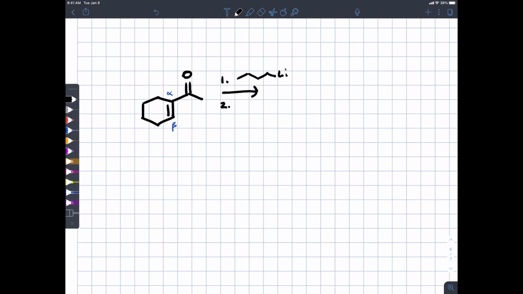So if you have this alpha-beta unsaturated carbonyl compound and you were to add butyl lithium to it, that would add at the carbonyl carbon.